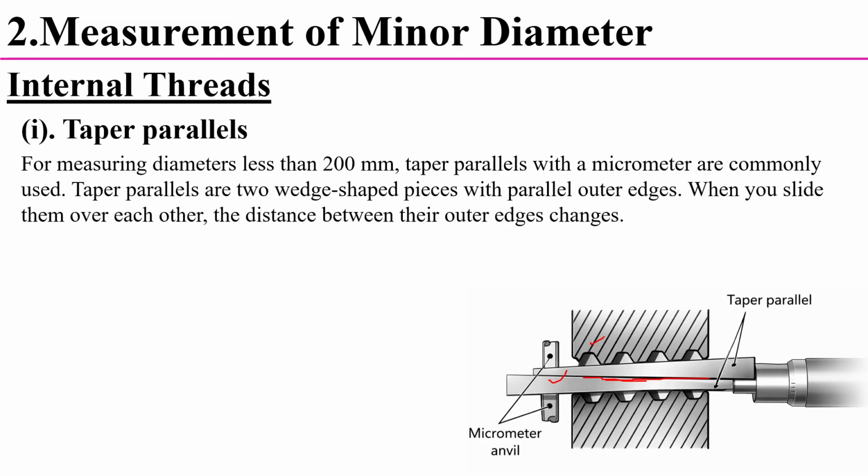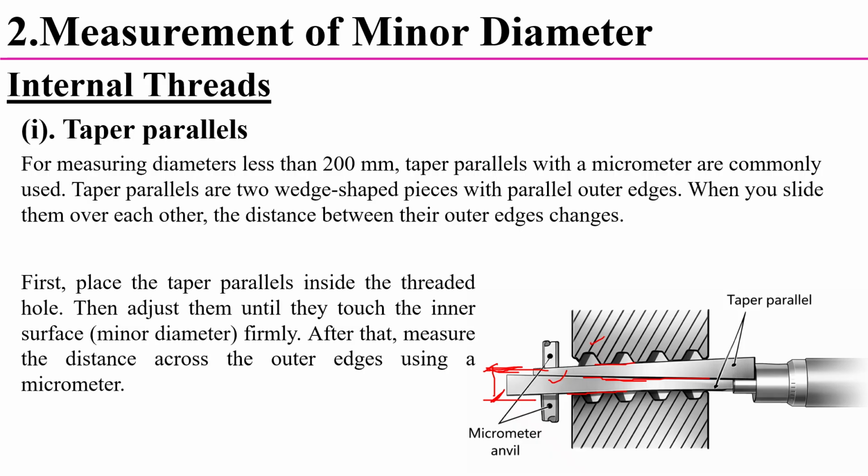In the schematic you have to observe, there are two wedge shaped pieces and their outer edges are parallel. When we slide them over each other, the distance between their outer edges changes.